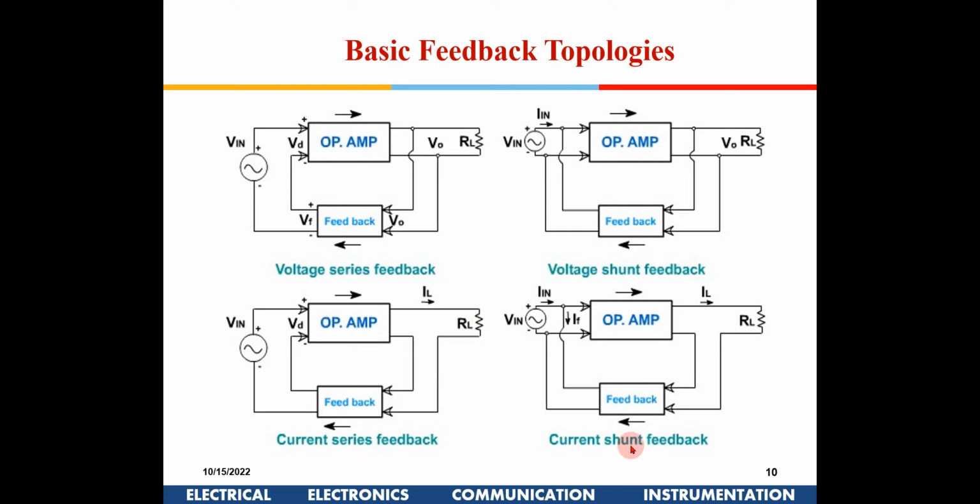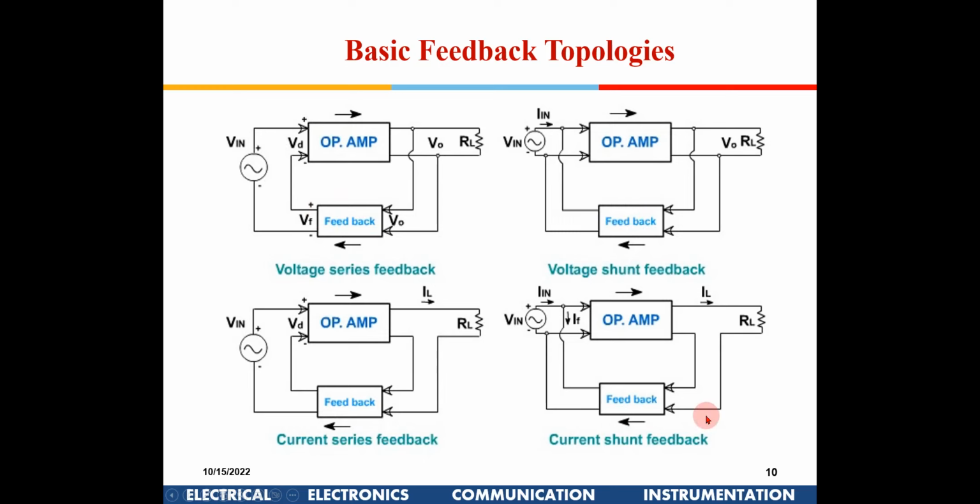Then you could have a current shunt feedback where this output current is being sampled and that current is being given as feedback. Here it is current input and current output. So this is known as current shunt feedback. So this is another topology. These are the 4 kinds of topologies. When we see the actual circuits, it will be more clear.